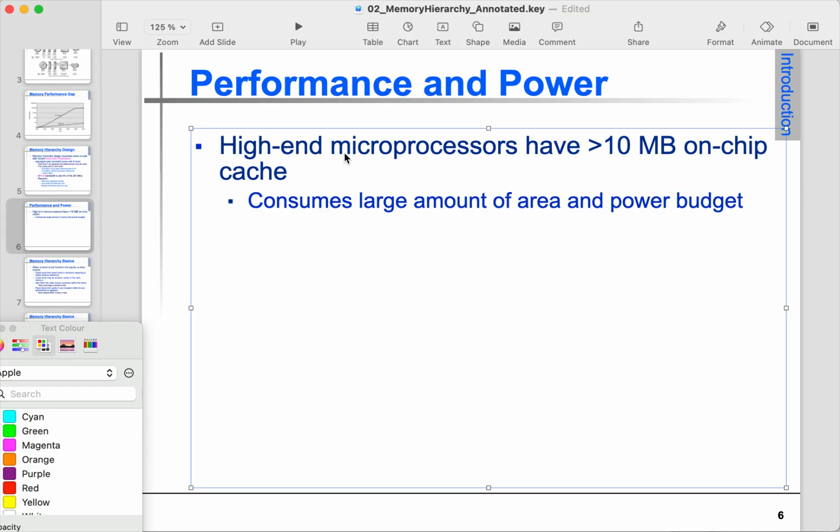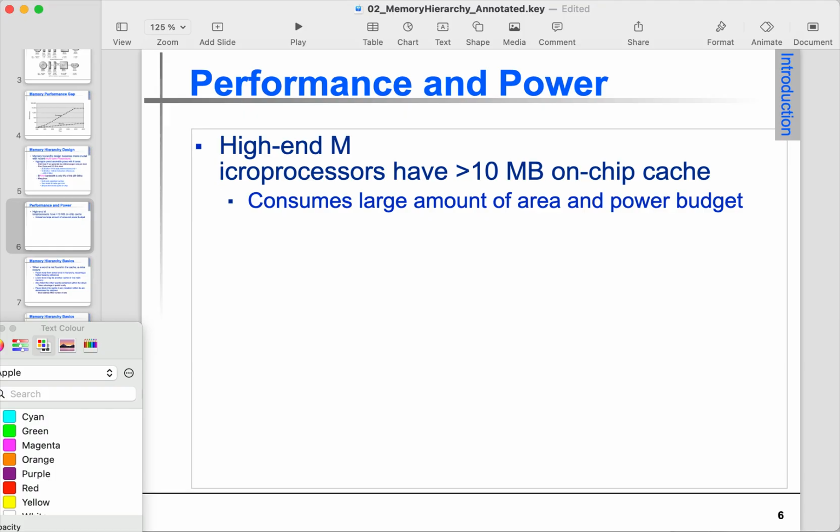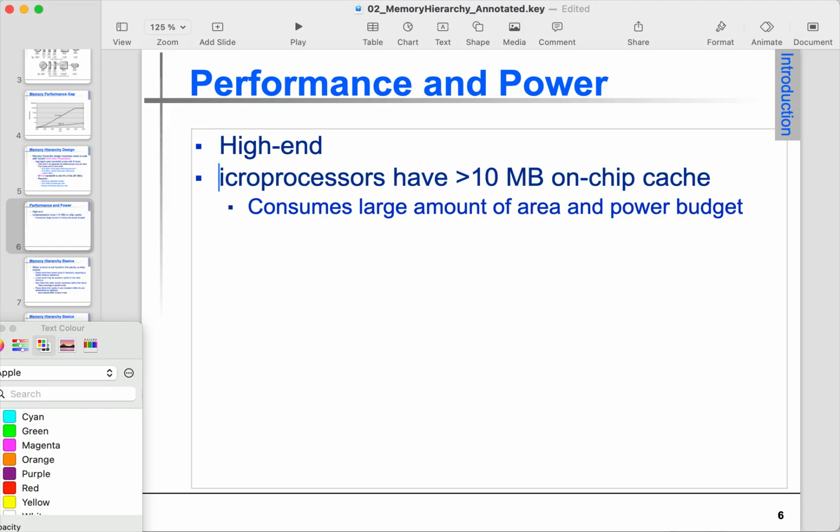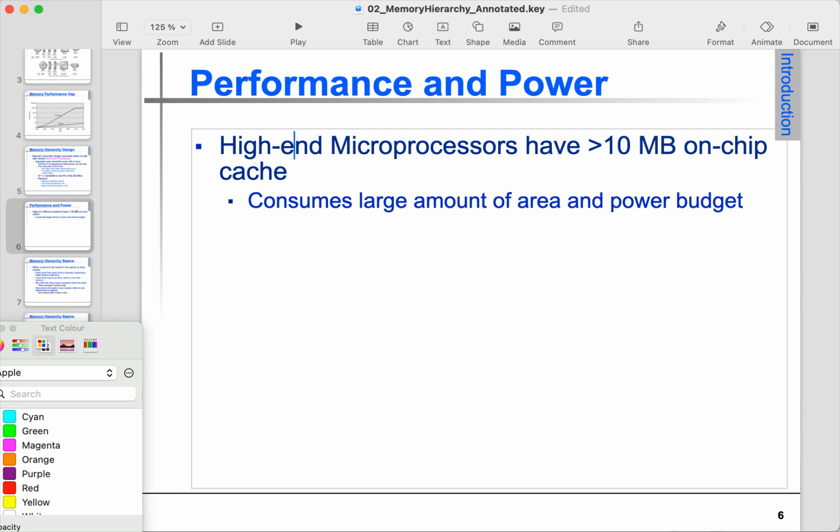The high-end microprocessors would have greater than 10 megabytes of cache. Cache inside the CPU, this means on the chip. It will consume a large amount of area and power budget.